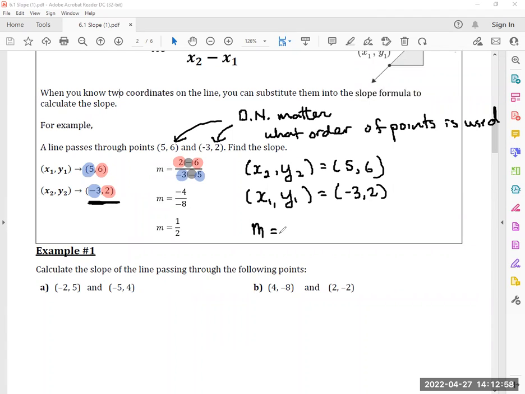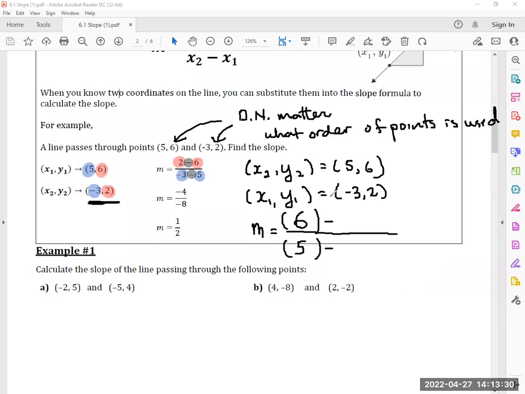M equals long line. What's my second point? 5 and 6. My 5 is the x, it goes on the bottom. My 6 is the y, it goes on top. Okay? Minus, minus. I'm going to just do that.